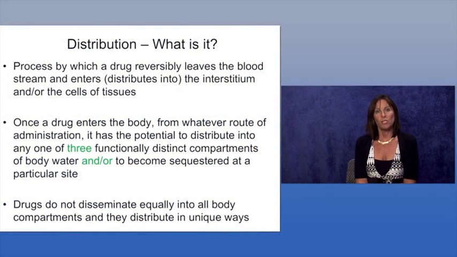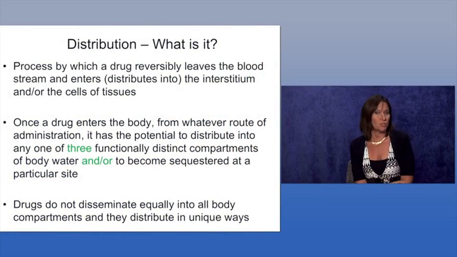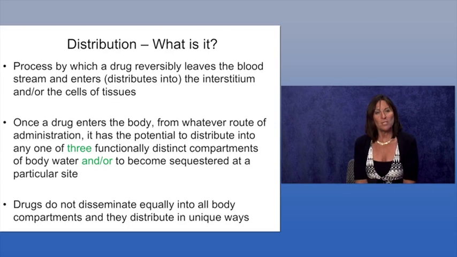The process by which a drug reversibly leaves the bloodstream and enters, i.e. distributes into, the interstitium and or the cells of tissues. So essentially throughout the body. Once a drug enters the body, from whatever route of administration, it has the potential to distribute into any one of three functionally distinct compartments of body water, and or to become sequestered at a particular site.